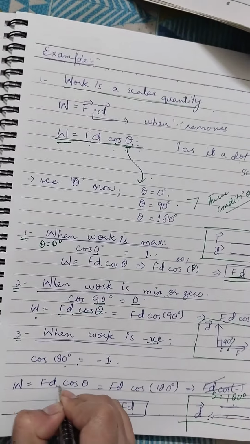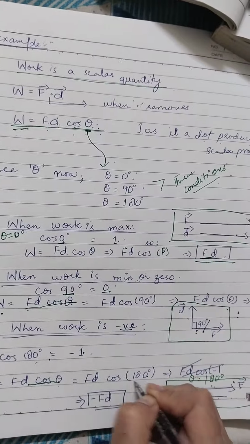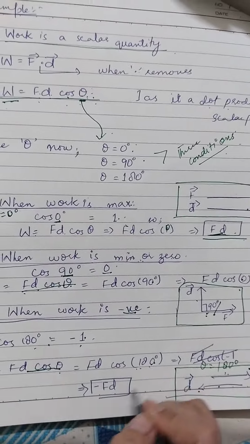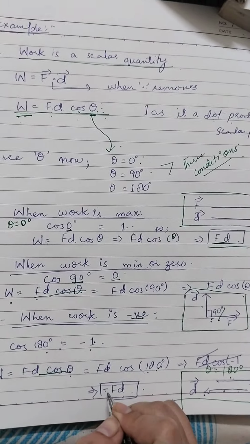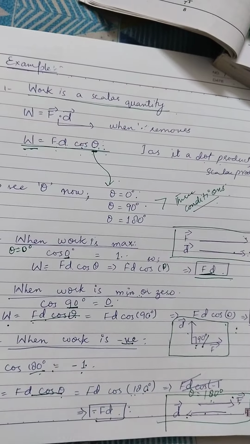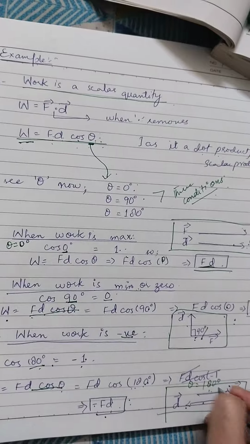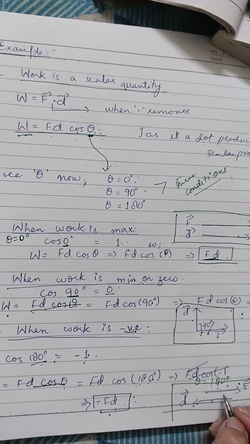Let's put theta equal to 180 degrees in the formula, cos 180 degrees is equal to -1. When you put -1 here, we get work done as negative, equal to minus fd. So keep in mind, whenever theta is equal to 180 degrees between both the vectors, your work done will be negative.